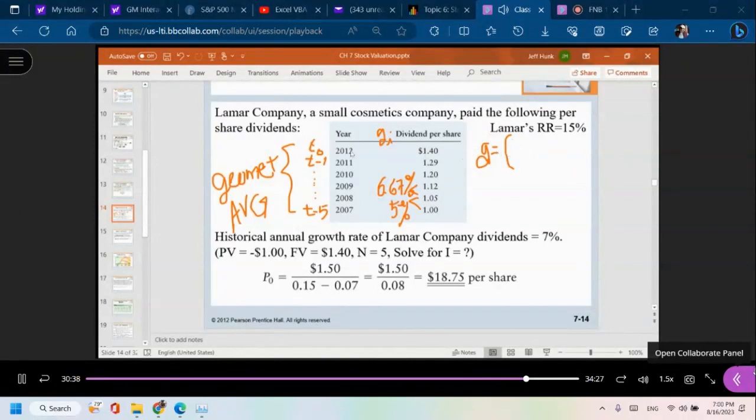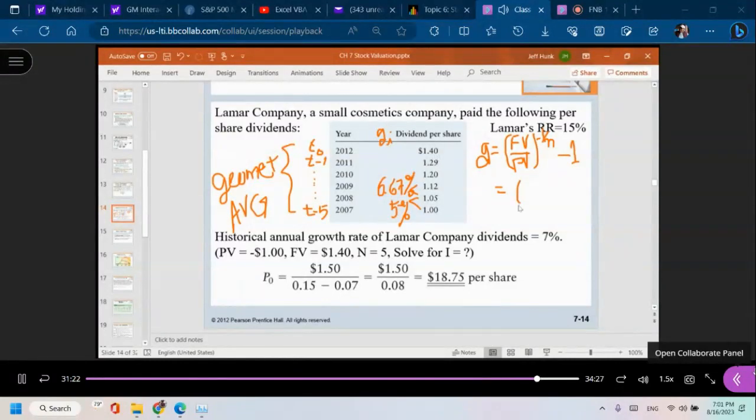In this case, the future value is the dividend in 2012, so it's future value over present value raised to 1 over n minus 1. We plug in the numbers.